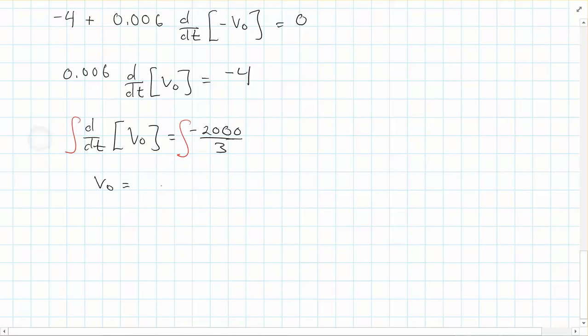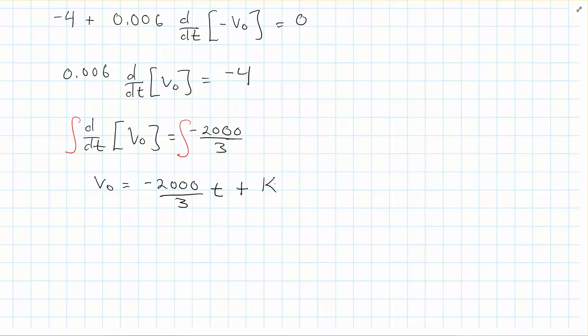And then, of course, if you integrate a number, you get -2000 over 3 t. But then remember, when you do an indefinite integral, you get plus constant c. And actually, I'm not going to do that. I'm going to call my constant k. And you should all know, if you're watching this video, why I changed that to a constant k, because c we use for capacitance, and we don't want to get things mixed up here.